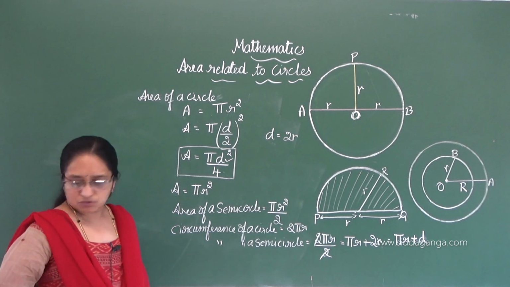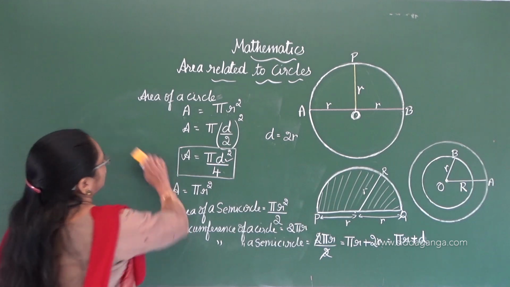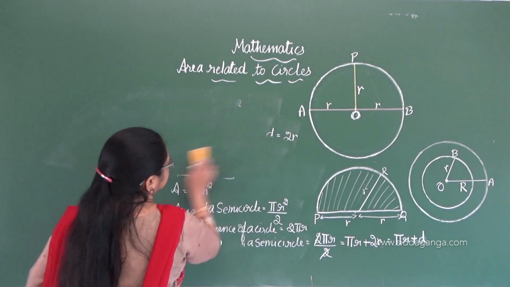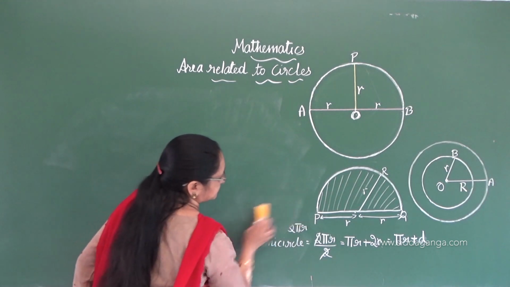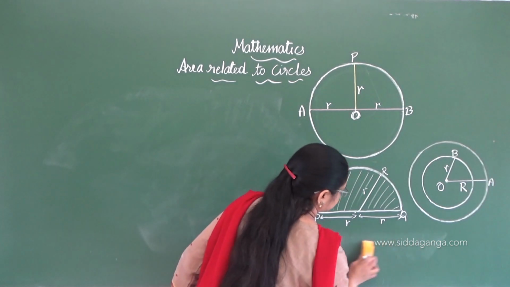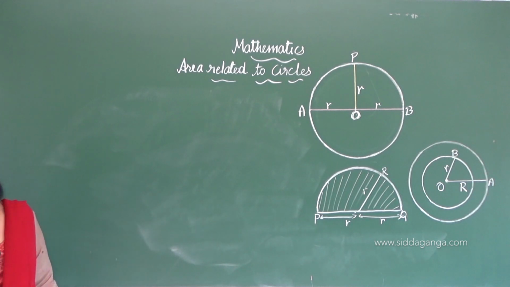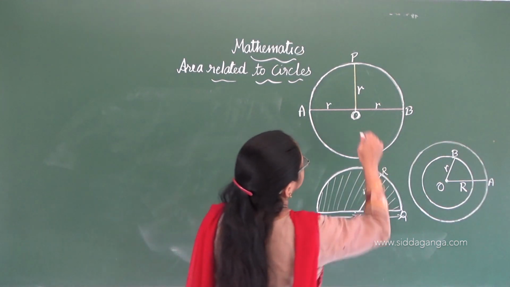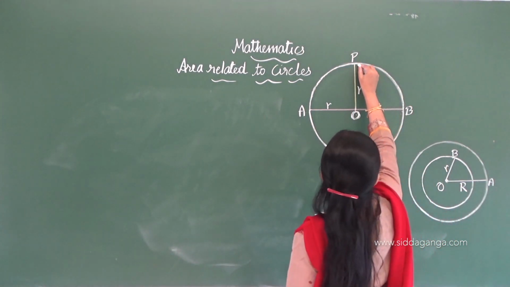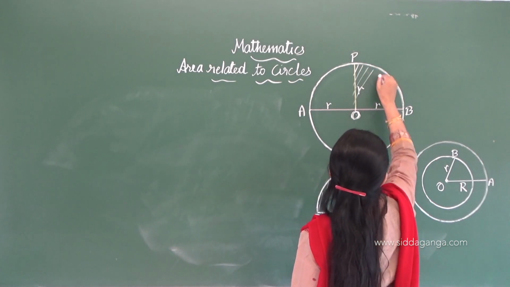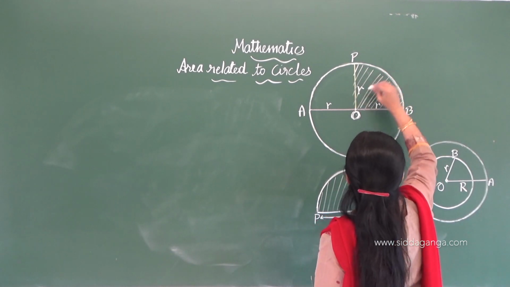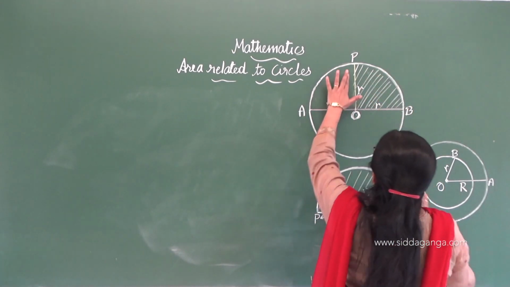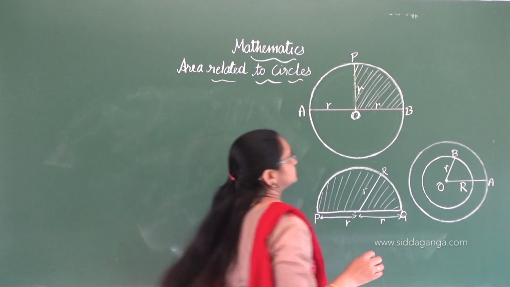Now the next is quadrant. I hope you all know the meaning of quadrant. See, what is the meaning of quadrant? Just see here, you can see the circle here. If I shade this part, this is nothing but a quadrant.